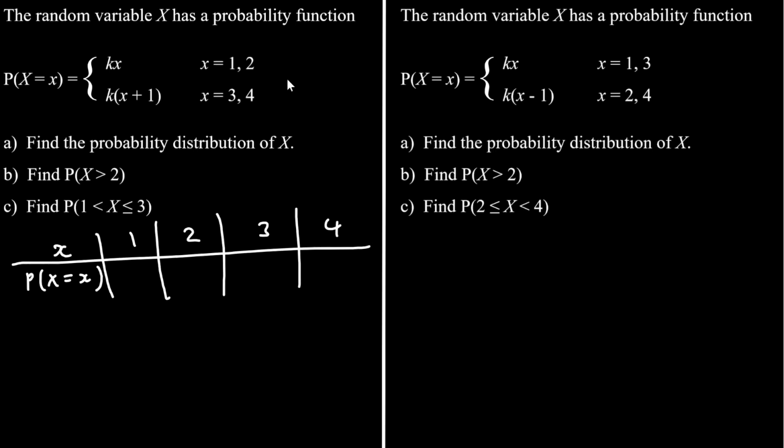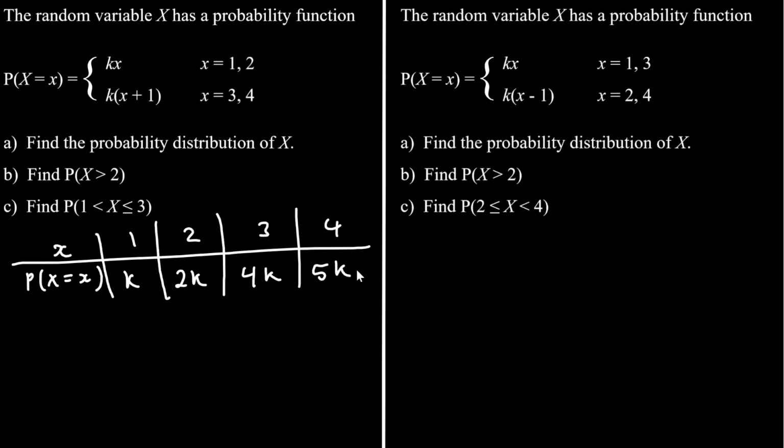So for 1 and 2, it's k times x. So k times 1 and k times 2. But for 3 and 4, it's k times x plus 1. So when x is 3, k times 3 plus 1 is 4k. And when x is 4, k times 4 plus 1 is 5k.